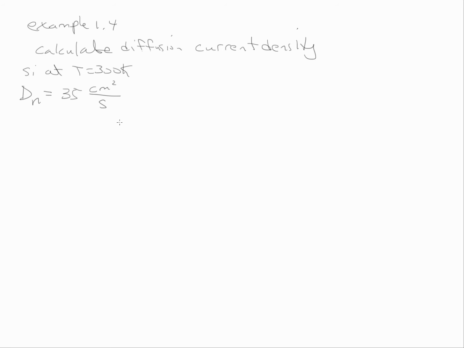And then we're given that dN dx is the number of electrons, 10 to the 16th at 3 centimeters away, and 10 to the 12th at 0 centimeters away.